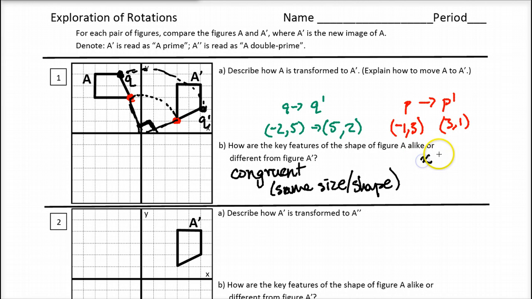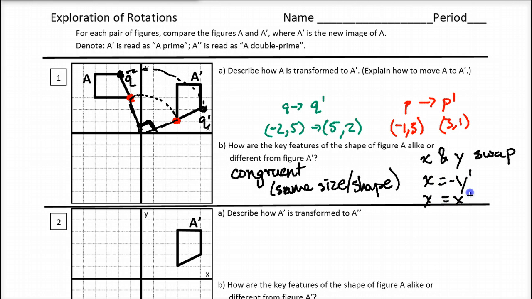Well, it looks like x and y swap. Okay, so that kind of makes sense. And some of the signs change too. It looks like the x becomes y, but one of those is negative. And then the y goes to x.